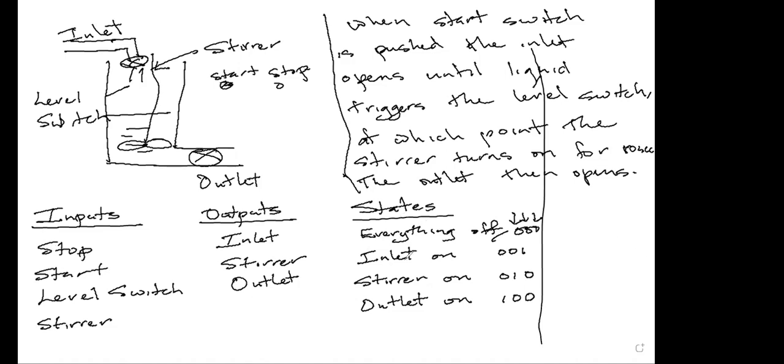Since we have 4 different states, some persons just give each of them a binary number, so it's only 2 binary digits. But for the ease of design, I'm giving 3 numbers. So one is for the inlet, one is for the outlet, and one is for the stirrer. For the inputs over here now, I'm going to give a binary value for each of them.